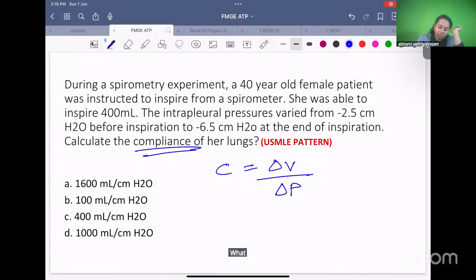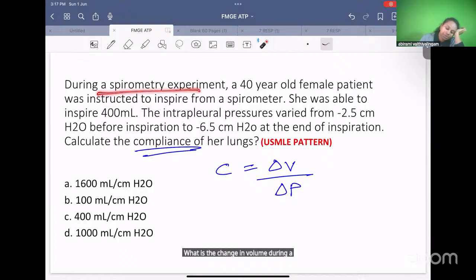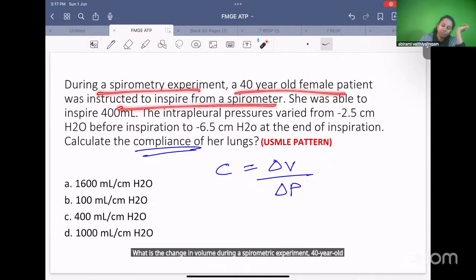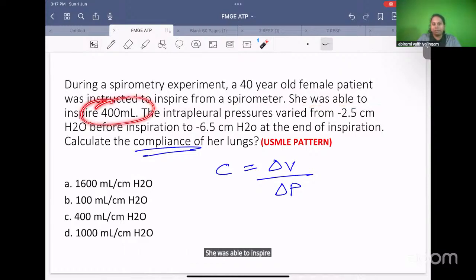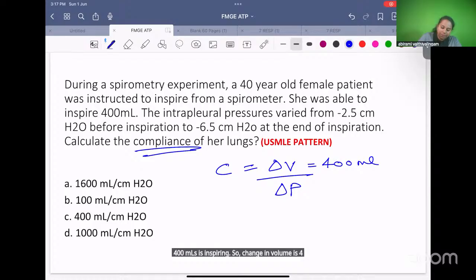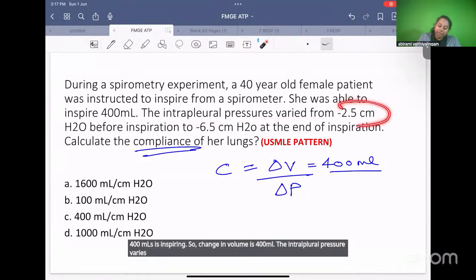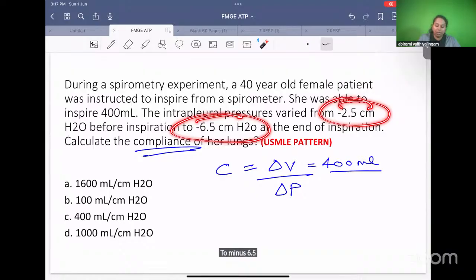What is the change in volume? During a spirometry experiment, a 40-year-old female was instructed to inspire from a spirometer. She was able to inspire 400 ml. So the change in volume is 400 ml. The intrapleural pressure varies from minus 2.5 centimeter before inspiration to minus 6.5 centimeter after inspiration.